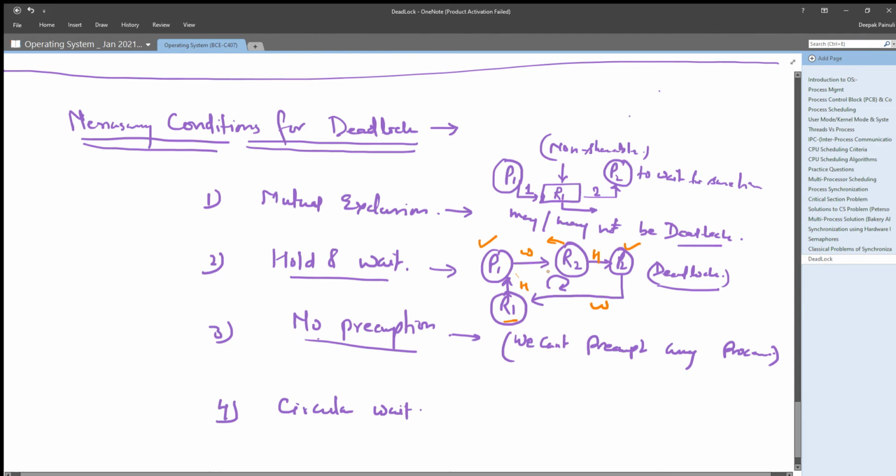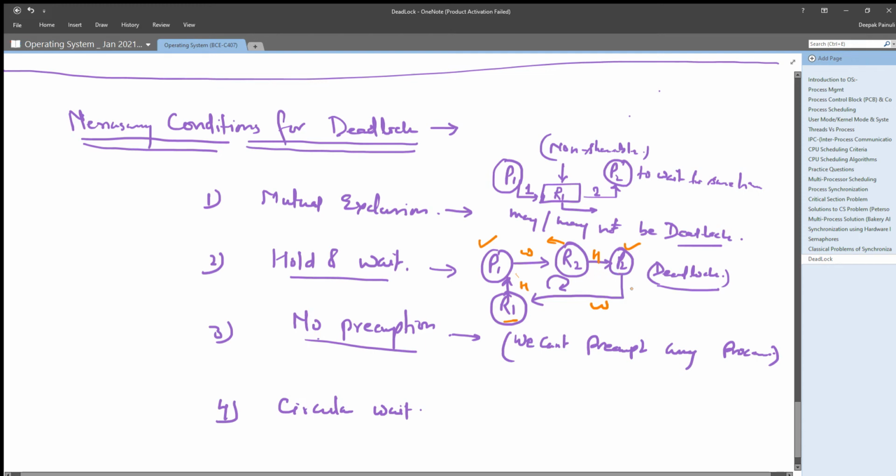So this could happen in two ways. In the first case, both the deadlocked processes communicate or release their resources implicitly.